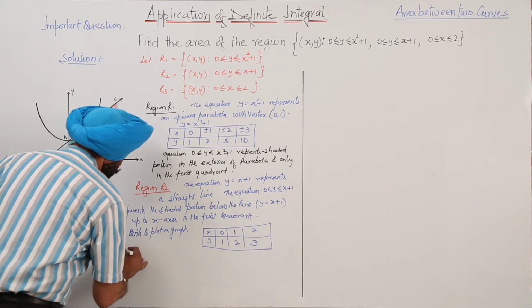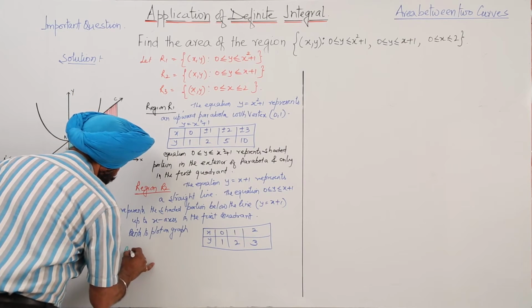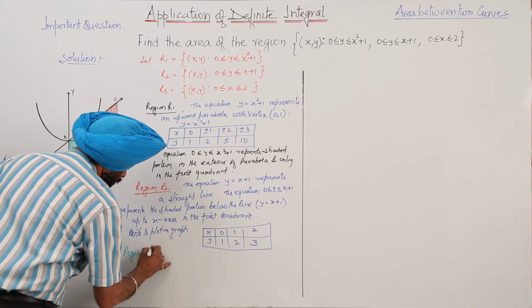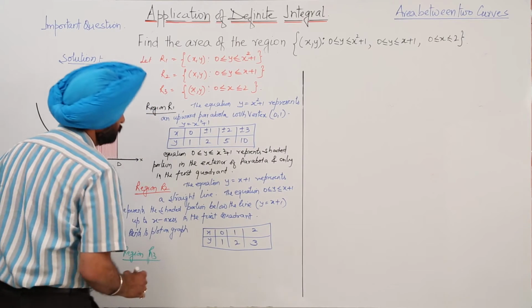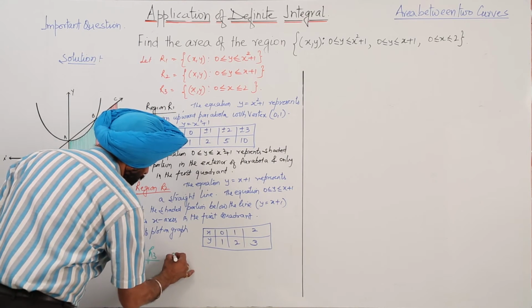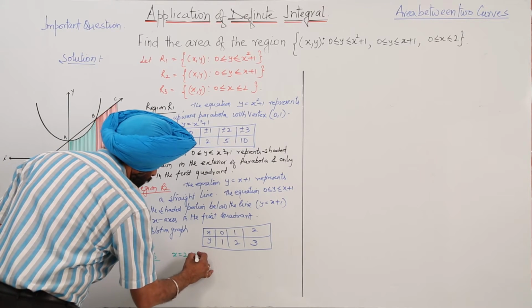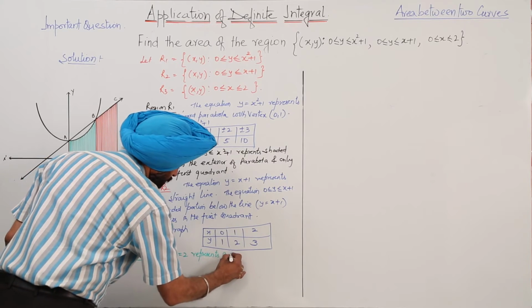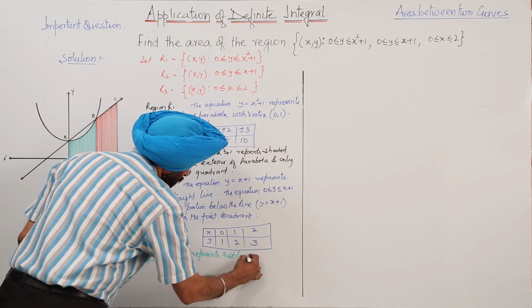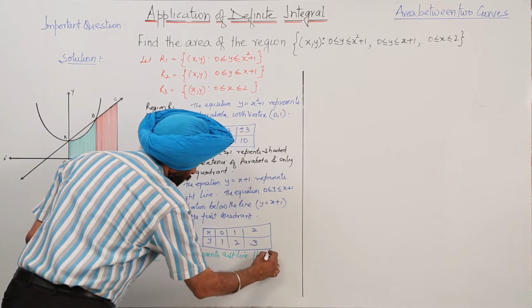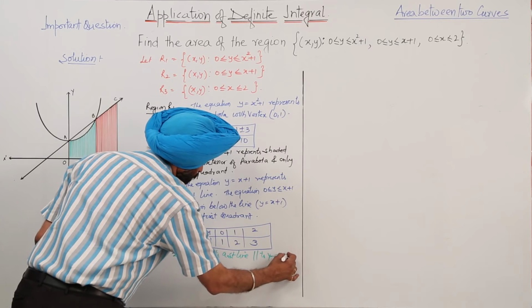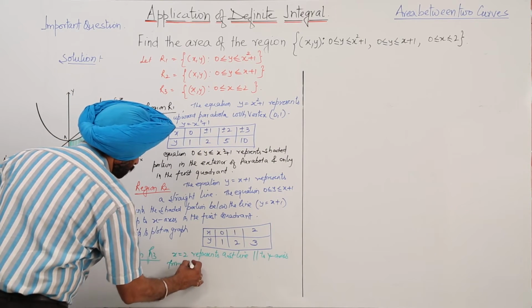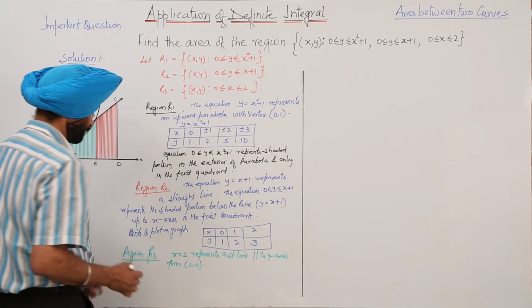Region R3. X is equal to 2 represents a straight line parallel to the y-axis from (2, 0).